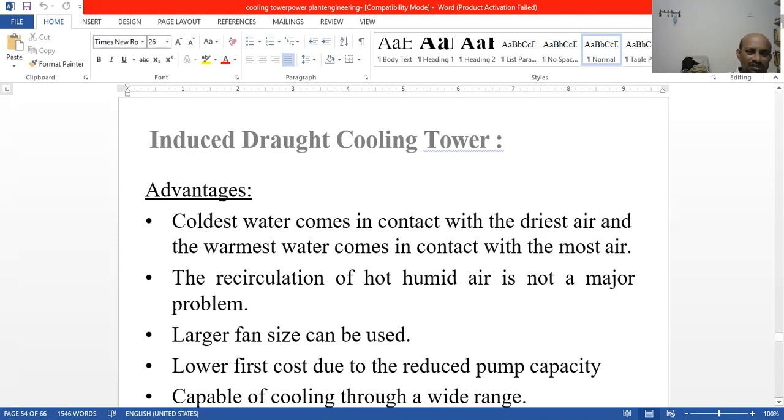All these things. The recirculation of hot humid air not being a problem is one of the good advantages. A larger fan size can be used in this. Over there, there is a 4 meter limitation. Here there is no limitation for that. So it is capable of cooling through that wide range. We can use that wide range.